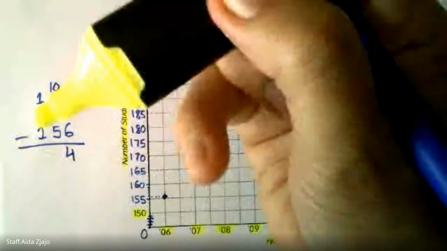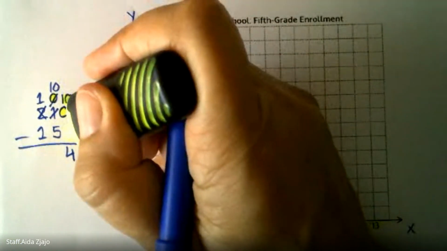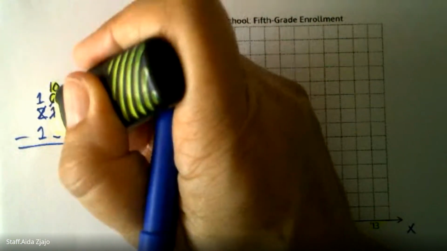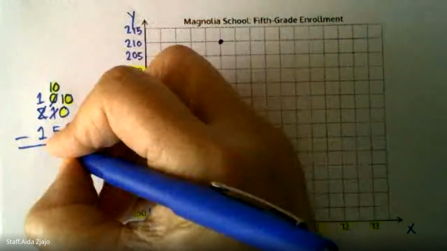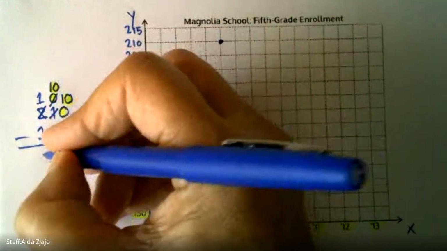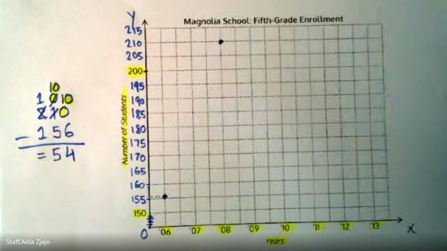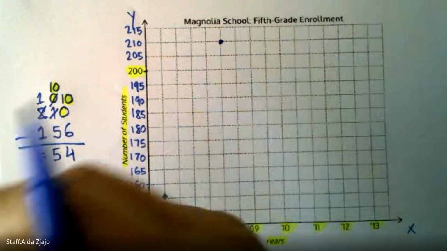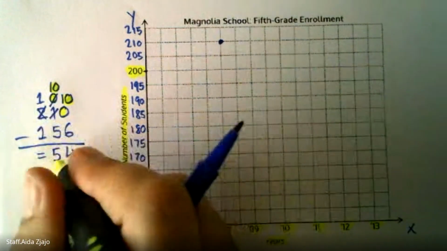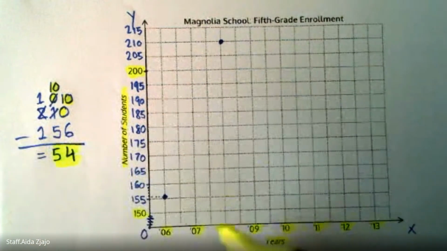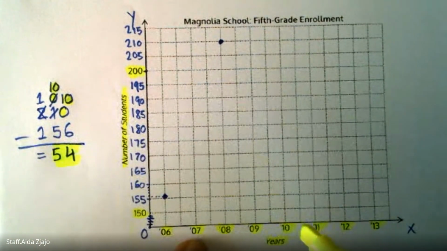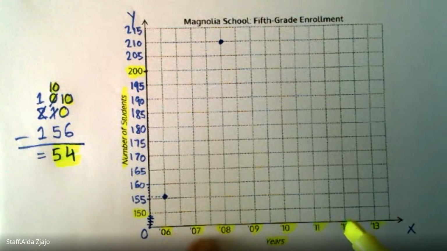Now 10, give away 5 is 5, and 100 minus 100 is 0. So 54 students grew from 2006 to 2008, so in 2 years.